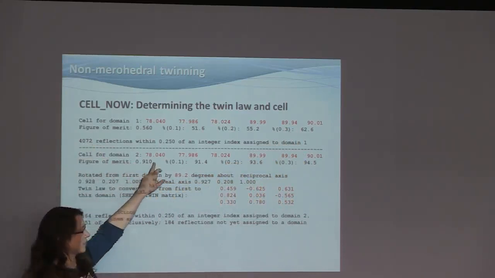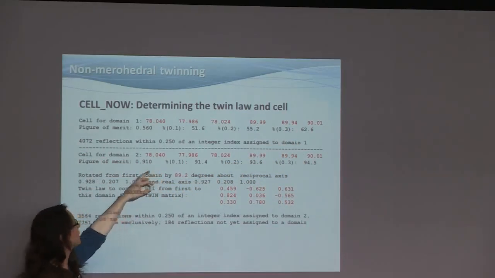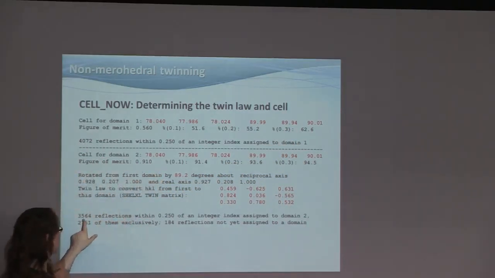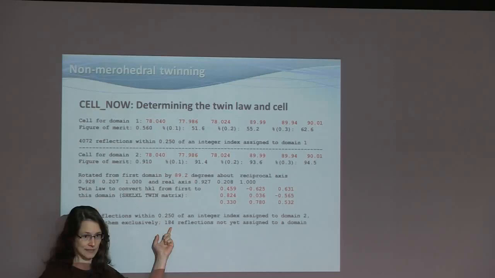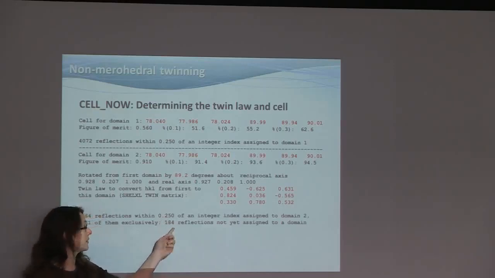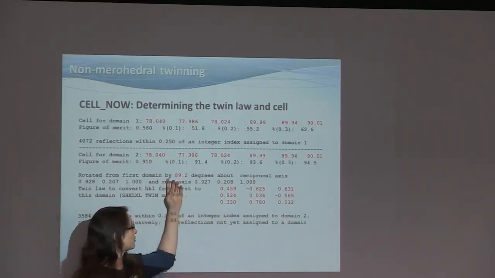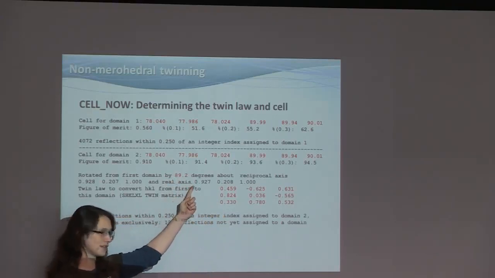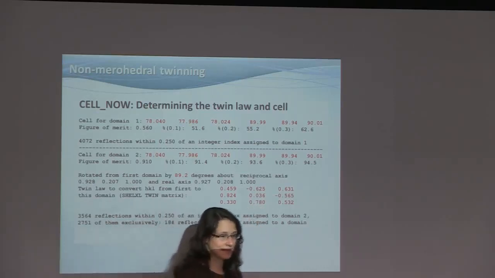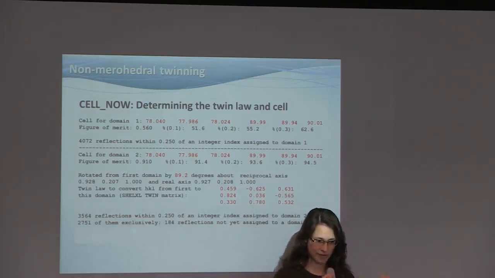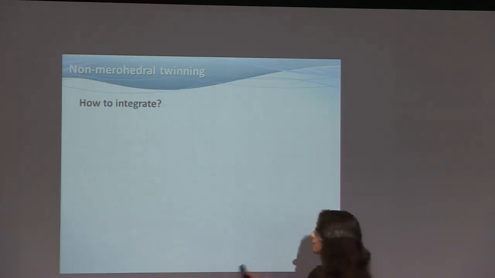Then we have a different orientation of the same cell, and we were able to index 3,500 reflections, leaving us with 184 that we have not indexed, which may well be noise. And we get a twin law, which is a rotation by 90 degrees about the reciprocal axis, resulting in this twin law. So that's then the transformation that gets you from one domain into the second.